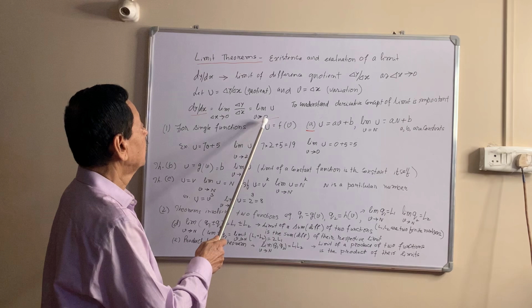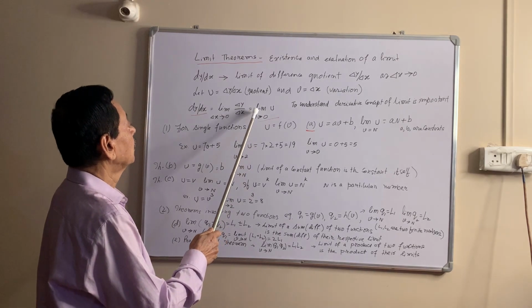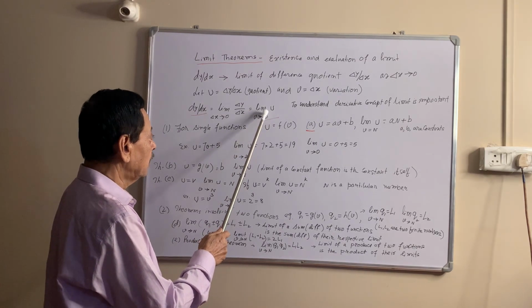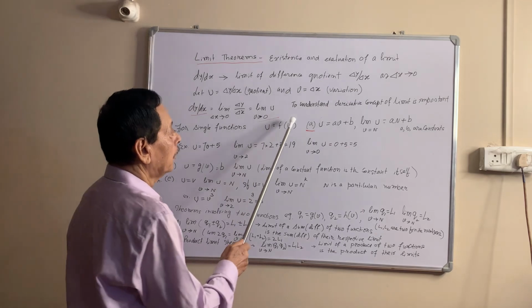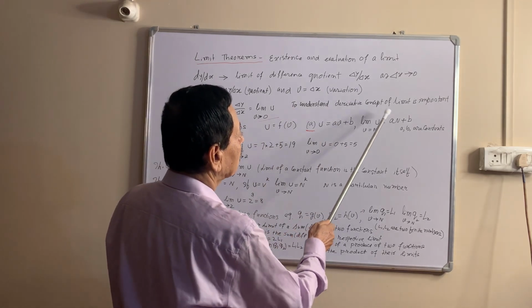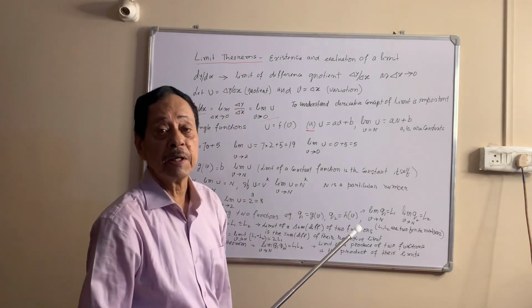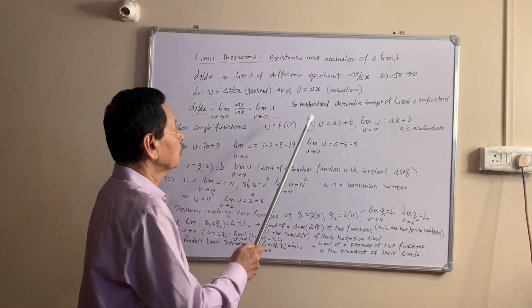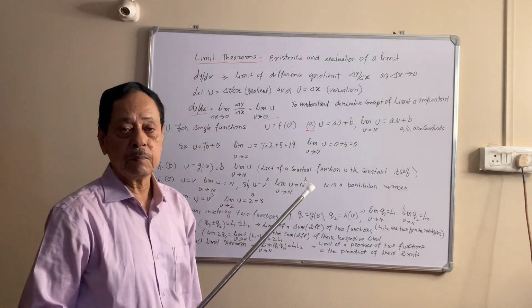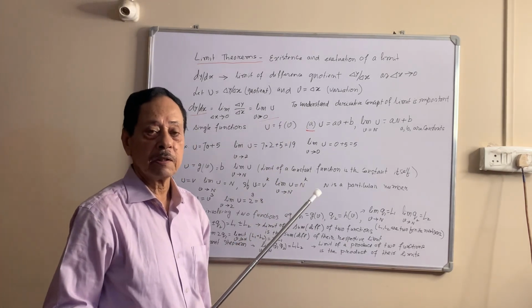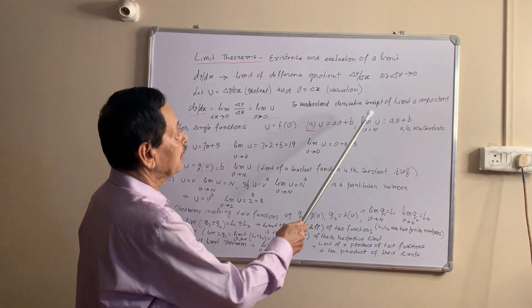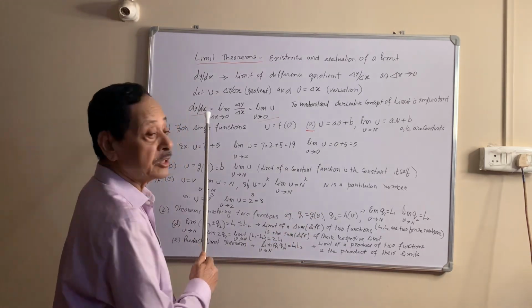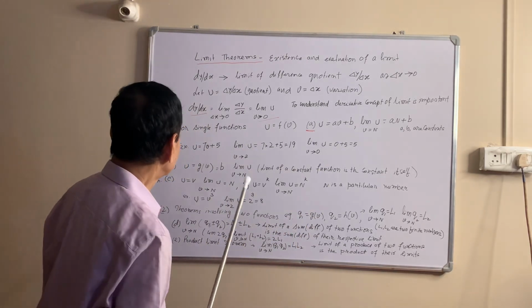When v is almost 0, it will be the limit of u. To understand the derivative, the concept of limit is very important. When we study derivation, every time we will have to take this limit.